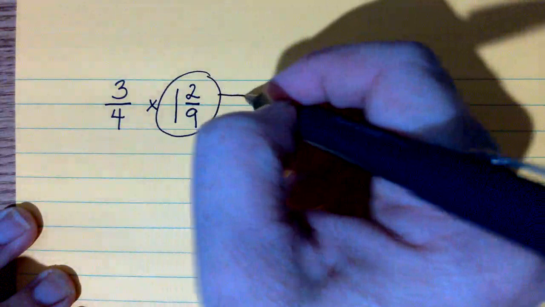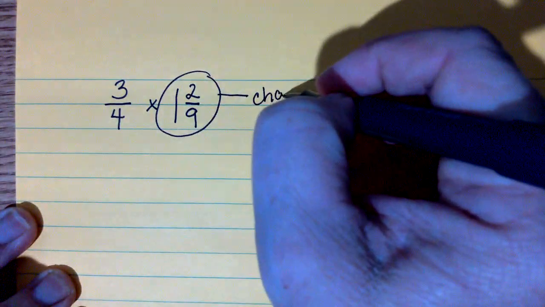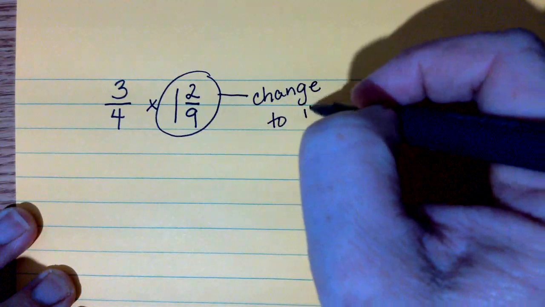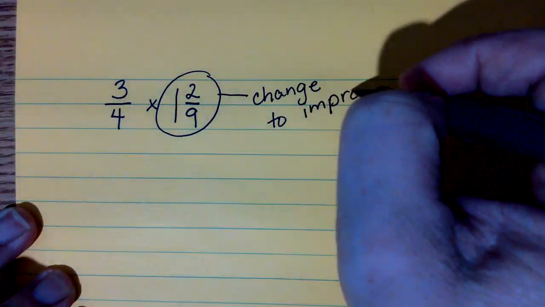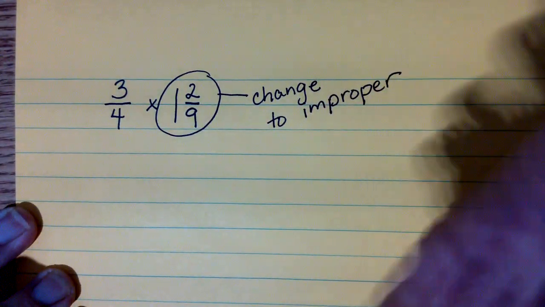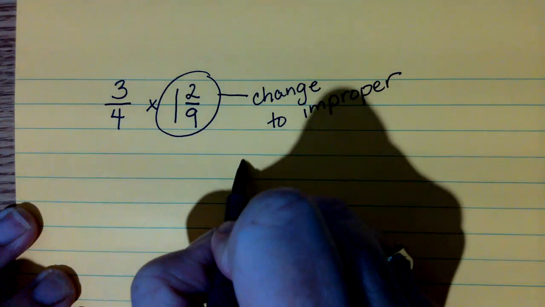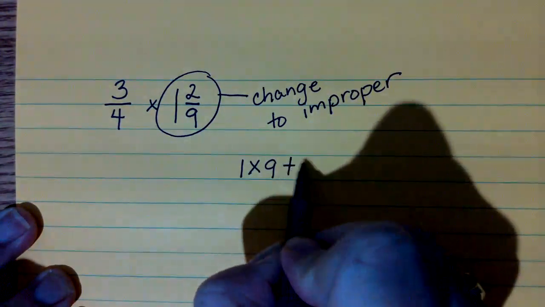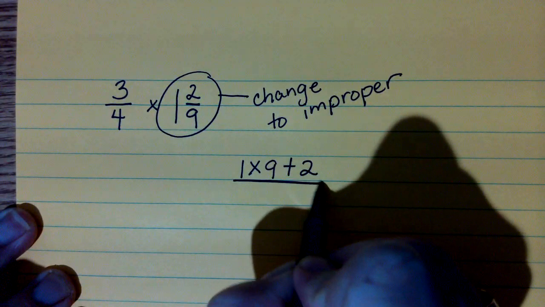Our first step is to change this to an improper fraction. The way that we're going to do that is 1 times 9 plus 2 over 9.